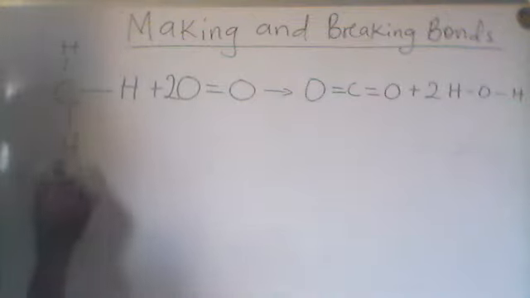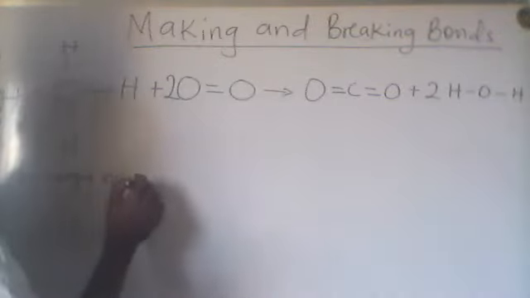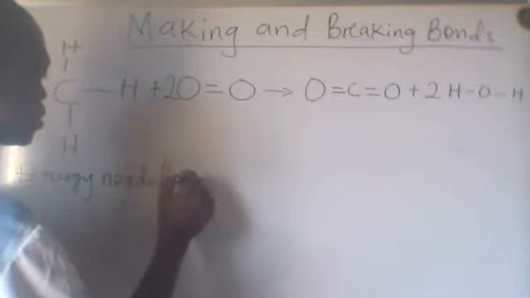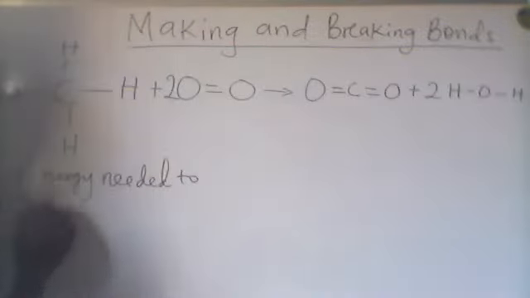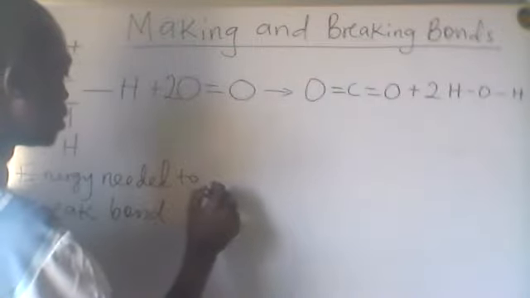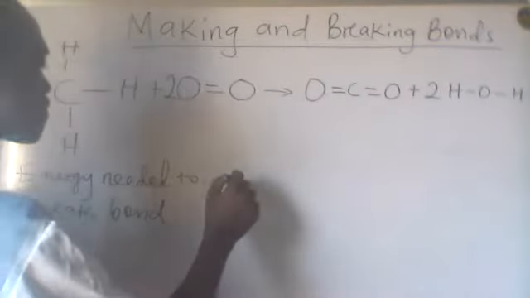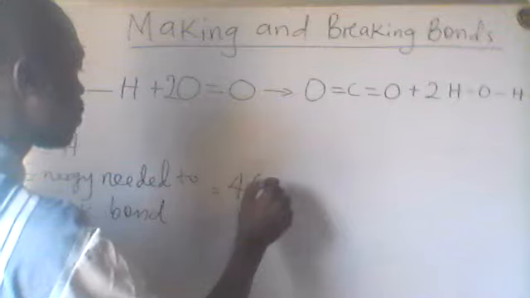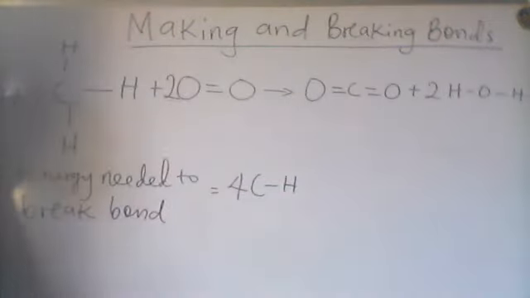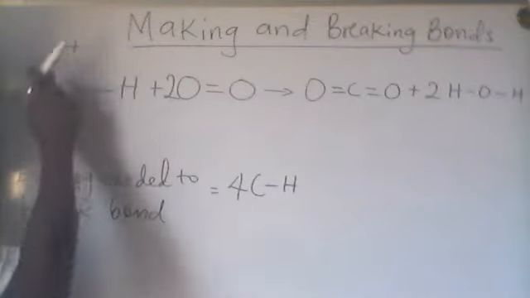We have 4 carbon to hydrogen. Here then 1, 2, 3, 4.